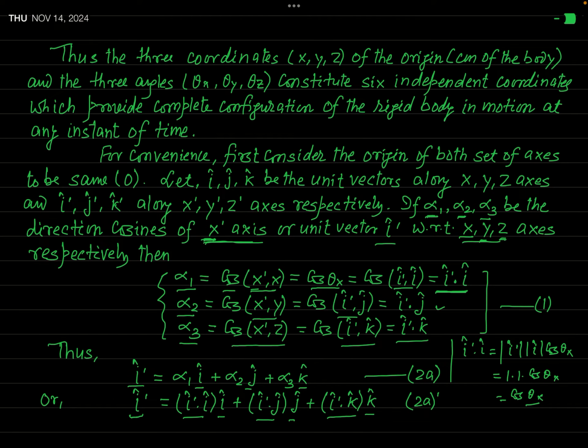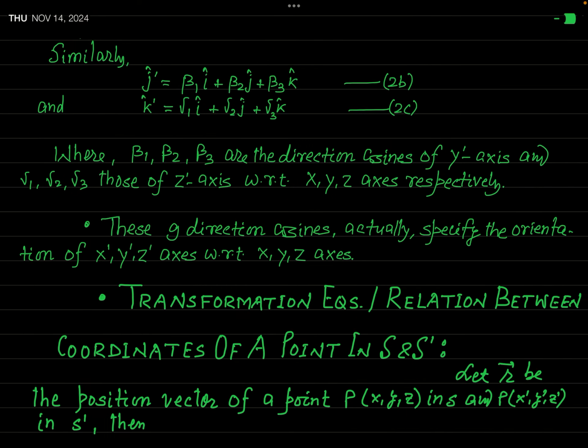On the same line you can also express the other two unit vectors j prime and k prime in terms of their direction cosines with respect to x, y, z axes.